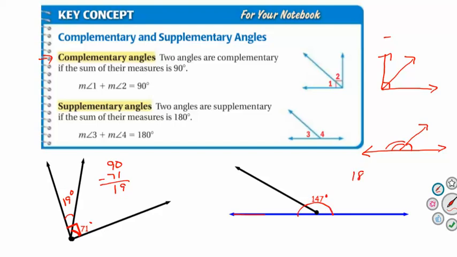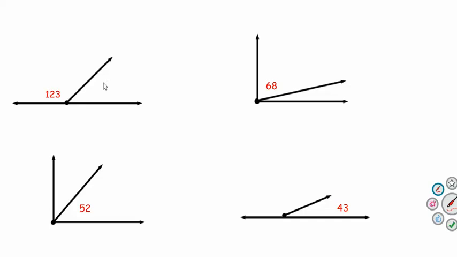So I simply subtract: 180 minus 147 gives me 33. So this one here has to be 33 degrees. Okay? So why don't you do a little practice here? Pause the video and come back when you can tell me the missing angle.